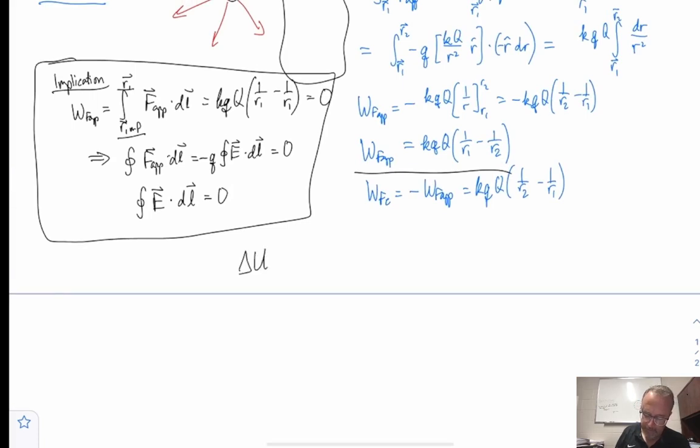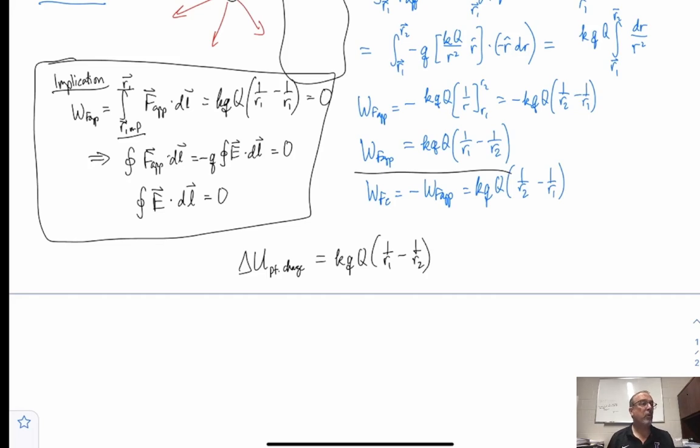The change in potential energy of a point charge moving from P1 to P2 will be equal to KQQ times 1 over R1 minus 1 over R2, like that. And so that's a general expression for the potential energy between two point charges. If one of them is located at R1, the other one's located at R2, you can do it like that.